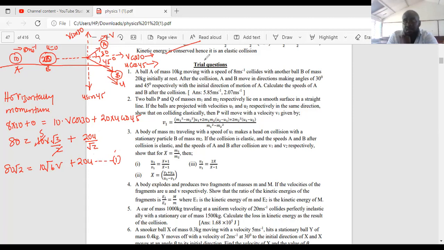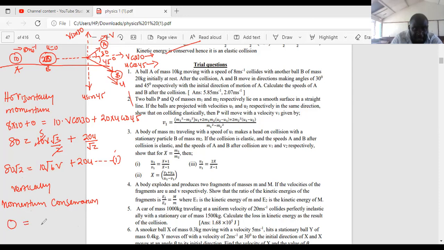So if that is coming from the horizontal direction, we can now go ahead and also use the vertical direction and get momentum conservation. So momentum conservation will be vertically. Before, these bodies were not moving vertically, so the momentum before is 0 vertically.